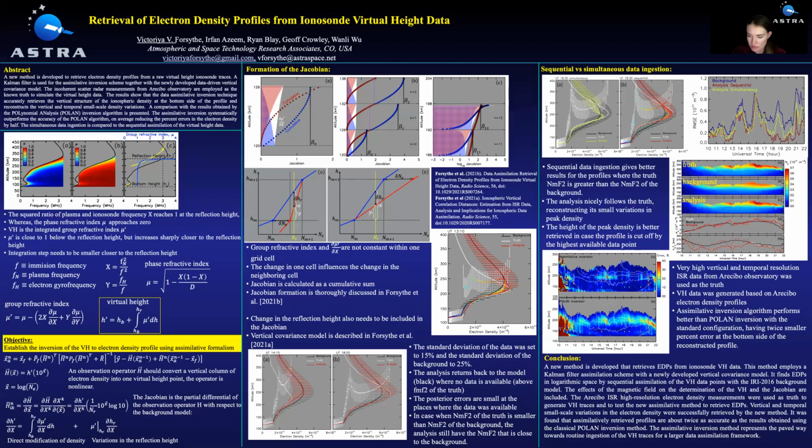We also include all the effects of the magnetic field, and all the necessary derivatives can be found in the Forsyth 2021b paper. Vertical and temporal small-scale variations in the electron density were successfully retrieved by this new method, and it was found that this method works about twice better than POLAN at the bottom side of the profile.